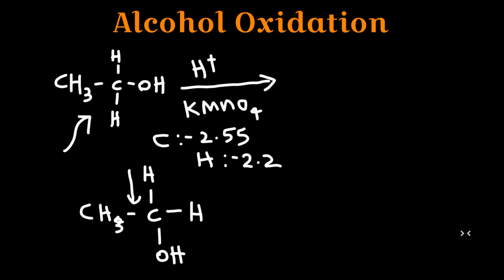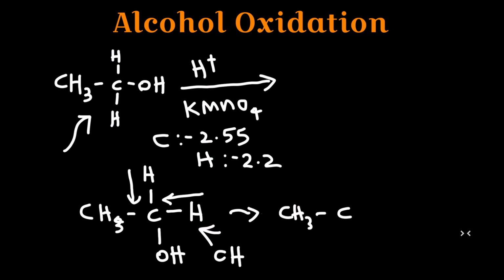Also there is the same reaction like this. So there is an electronegativity difference of about 0.3 between carbon and hydrogen atoms. Because of this electronegativity difference, we replace this hydrogen with an OH group.